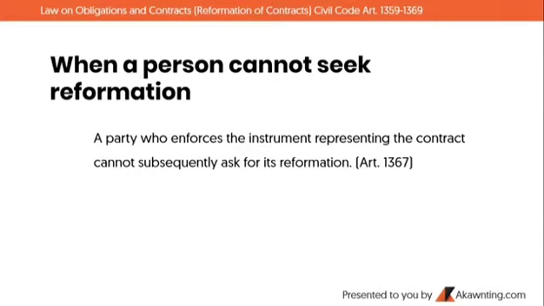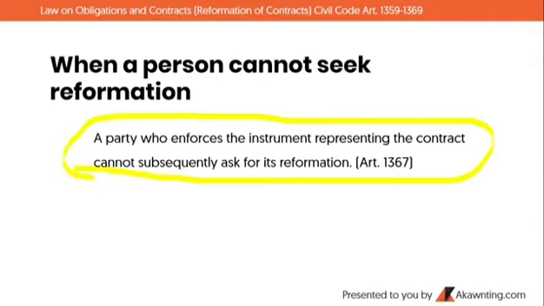Siya yung nag-employ ng fraud, so hindi pwede na siya yung mag-seek ng reformation in that case. Okay, pero in addition to that, may mga pwede pang persons na hindi makapag-seek ng reformation. So, a party who enforces the instrument representing the contract cannot subsequently ask for its reformation.